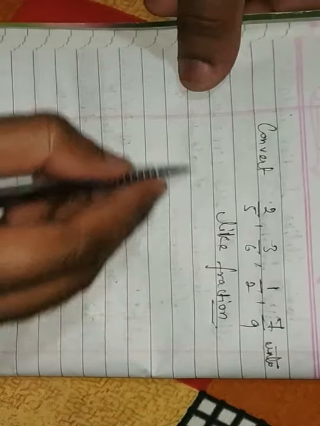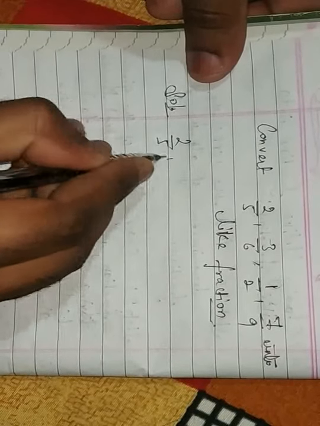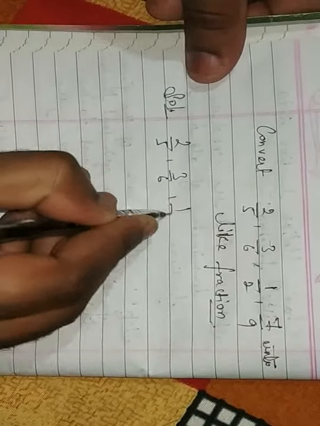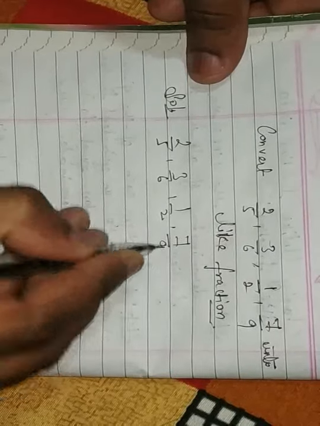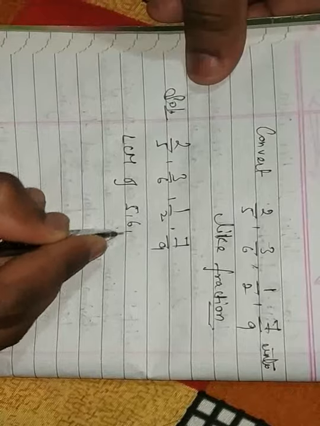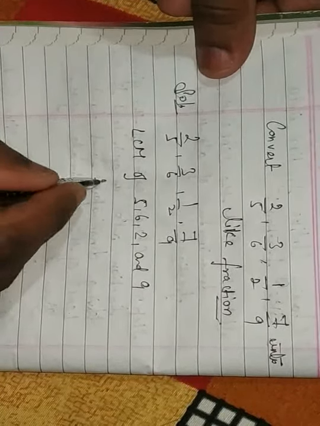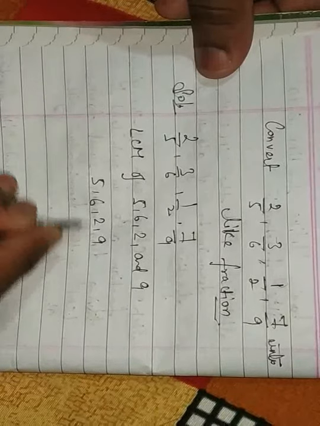First of all, we'll find the LCM. We will find the LCM of all the denominators: the LCM of 5, 6, 2 and 9. Let's find out the LCM. 5, 6, 2, 9.